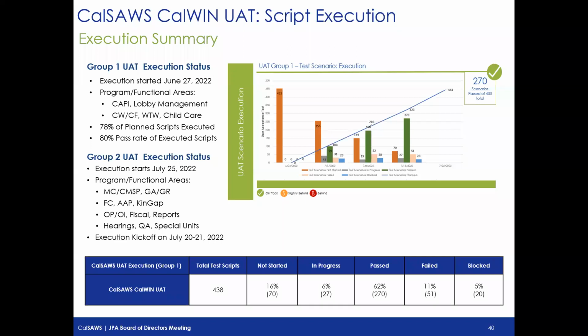And like I stated just a few minutes ago, our execution kickoff for group 2 was completed this week. So we had 2 days of kickoff, broke up those 2 functional areas into 2 groups, and we met with them and started ensuring folks can access the environments.